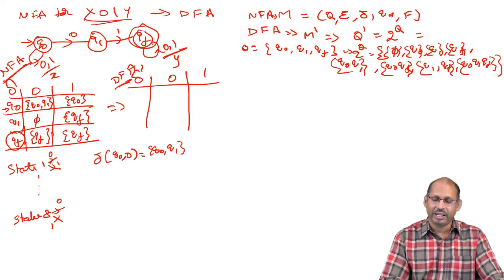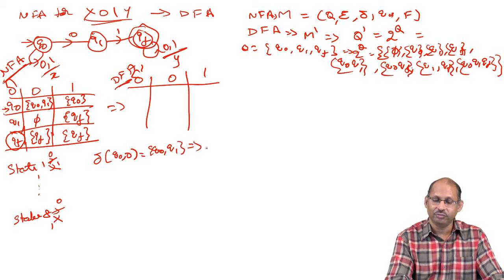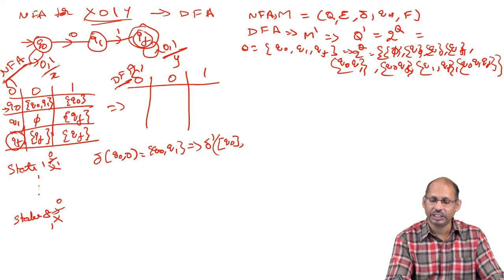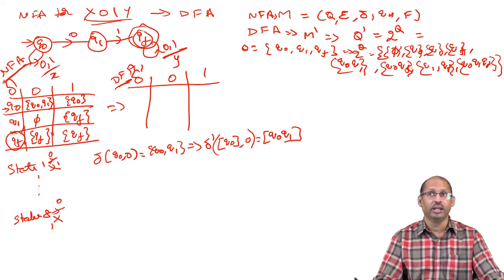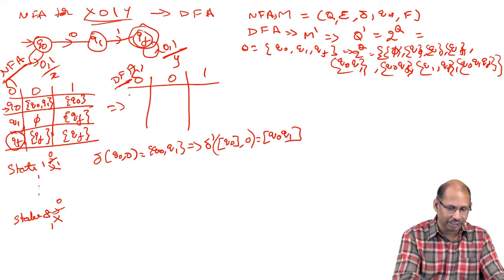To make it a DFA transition, we are considering this as the DFA transition function. Q0 is a DFA state, on 0 going to square bracket of Q0, Q1, right? Square bracket of Q0, Q1.